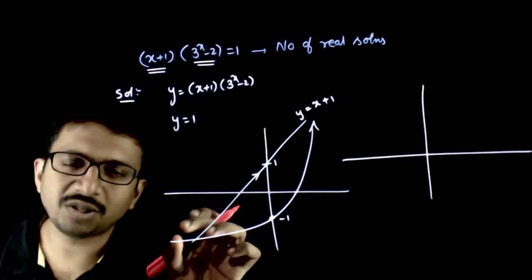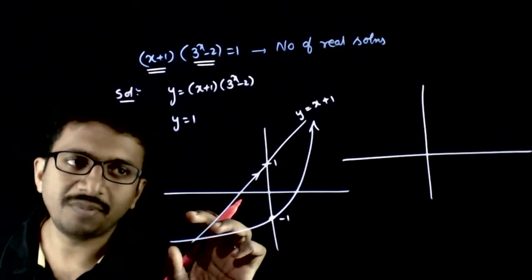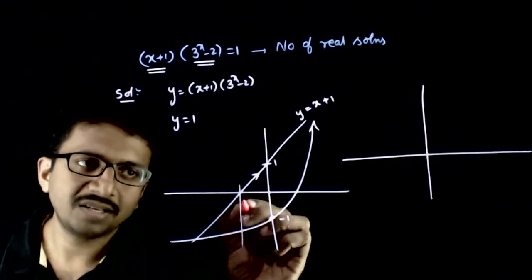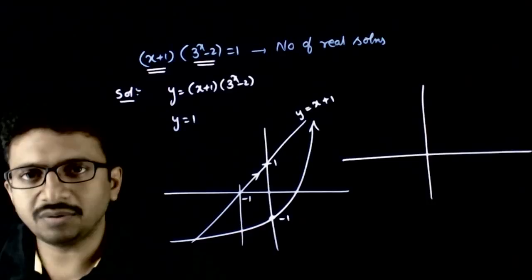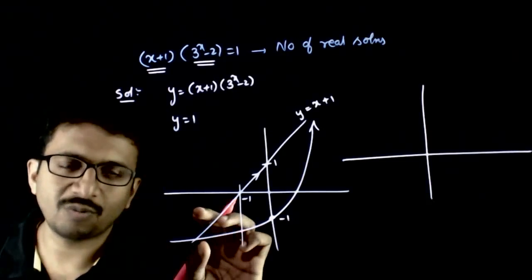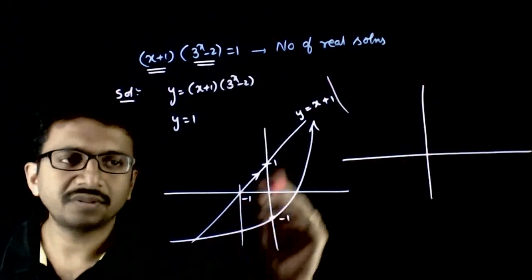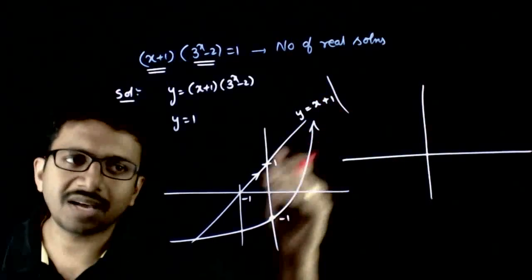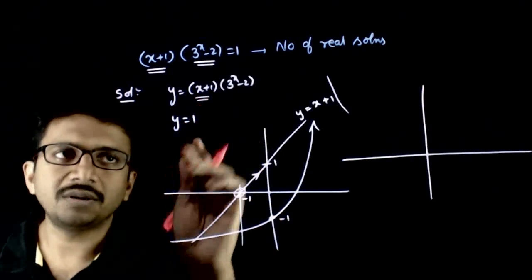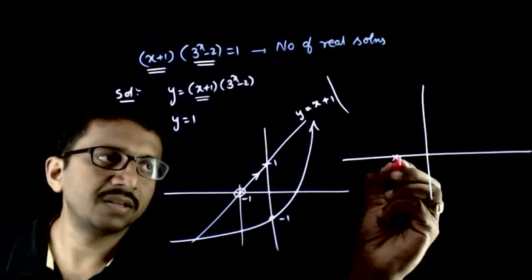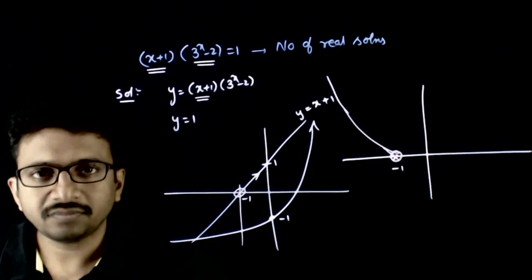Till x = −1, x + 1 is negative and 3^x − 2 is negative, so negative into negative becomes positive. So you have a positive curve that keeps coming down, and when x is equal to −1, this term is 0, hence y is 0.